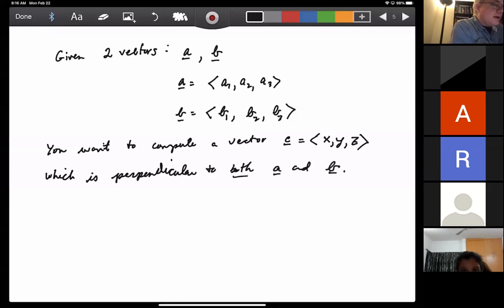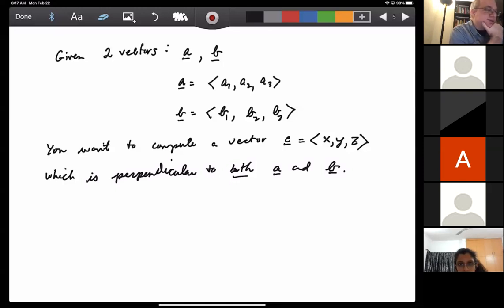All right, so based on what we learned last week, how could we express the fact that this vector C has to be perpendicular to the vector A, for instance? We know it's perpendicular if the dot product is 0.